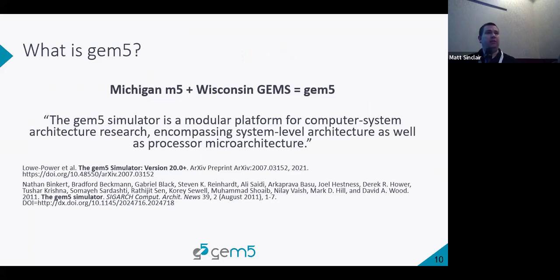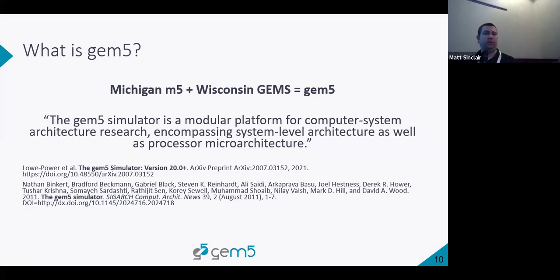And what gem5 allows users to do is have a single modular platform for computer system architecture research that encompasses not just the processor microarchitecture, but increasingly also the system level architecture. So it allows you to do co-design at a deep level in the modern day. And the two citations I have here are the canonical citations for the tool.